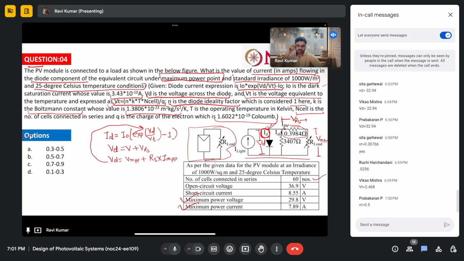I don't know why you are not getting this. You just need to multiply 3 things only, KT, and then divide by Q, and it's simple, that is 60. I got the answer and this answer is right, but your answer is not right, not Ruchi, not Vikas, not Prabhakaran.